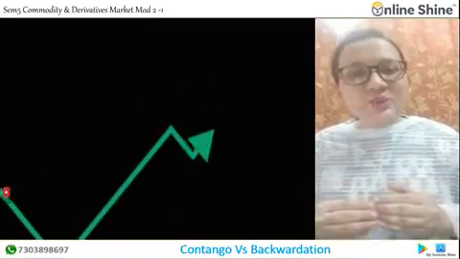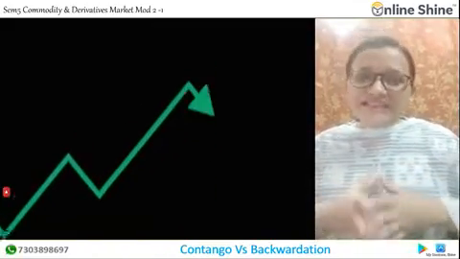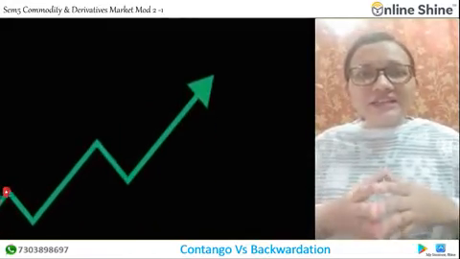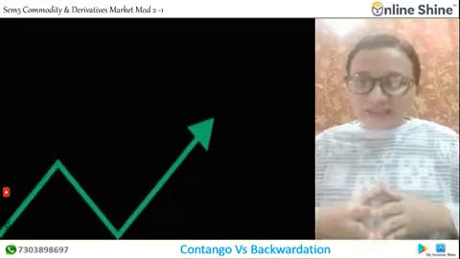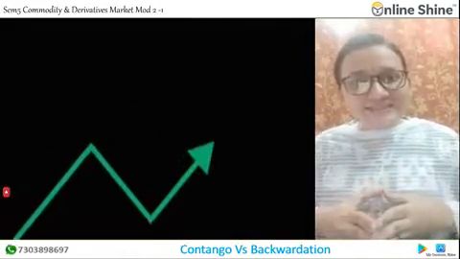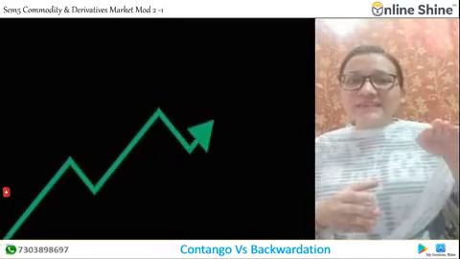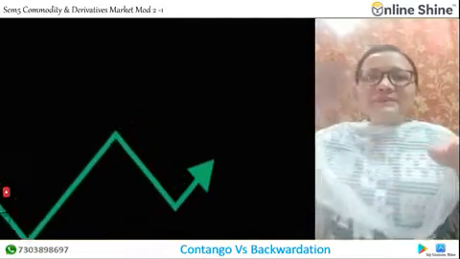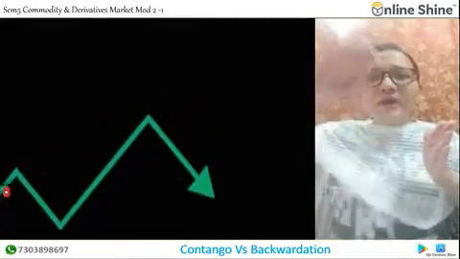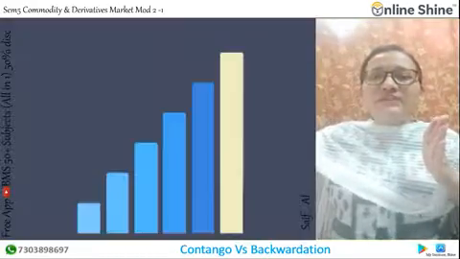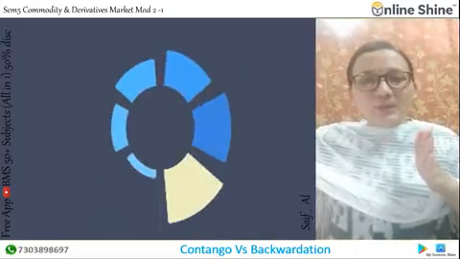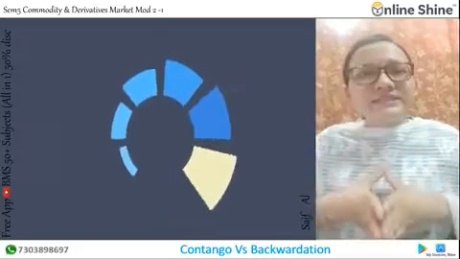For example, the price of gold delivered in 1 year is $1,400 and the spot price is $1,200. It means the spot price is less than the futures price. So in this case, the futures price curve slopes upward, and it is called contango.